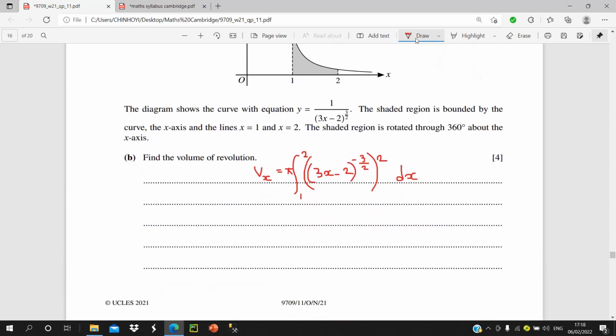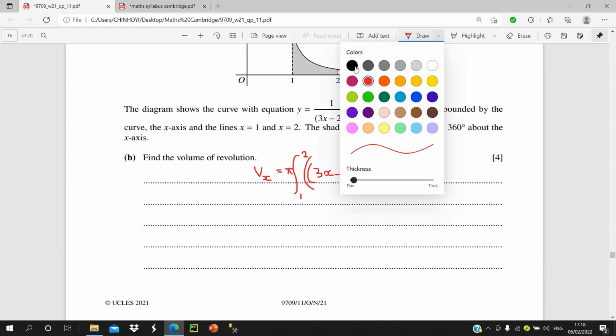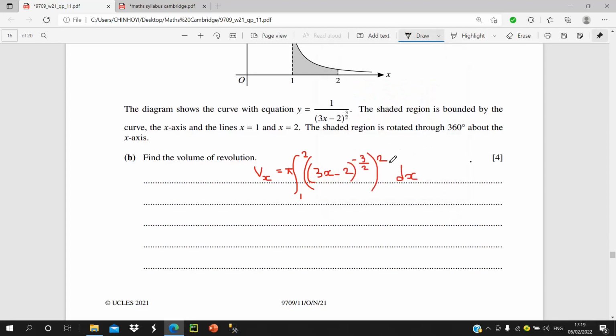As you can see here, the square can cancel with this 2 here. So I will have my Vx as equal to pi integral from 1 up to 2 of 3x minus 2 to the power of negative 3 dx.